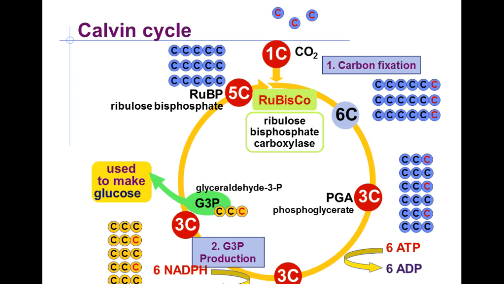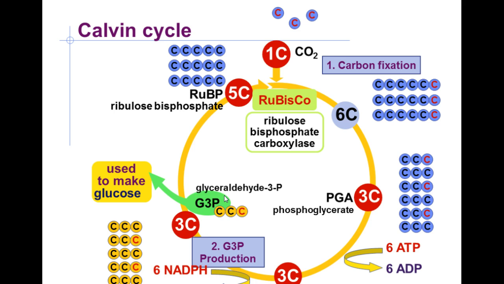Remember, we got that NADPH from the light reaction, so it's going to go back to the light reaction to get phosphorylated again and have this H added onto it. This ADP will also go back to the light reactions and be phosphorylated to form ATP. Now, here's our G3P molecules. Let's go to step 3.